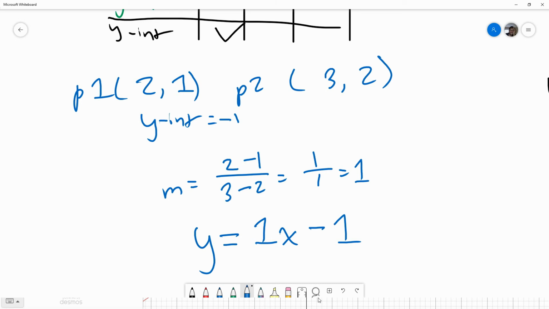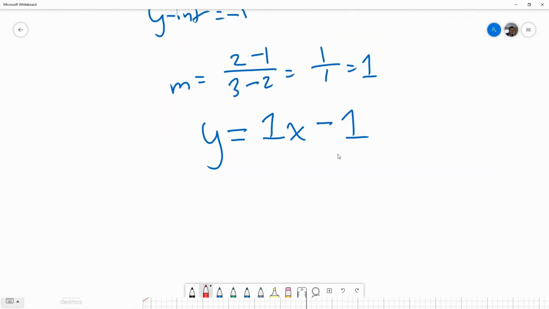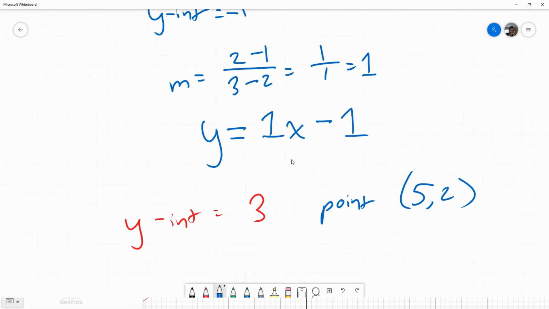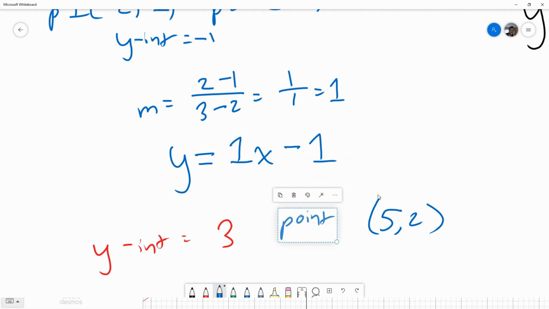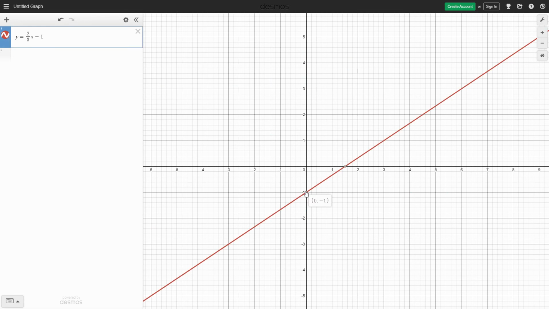Now, if they tell you your y-intercept and 1 point, so for example, y-intercept equals 3, and my point will be, I don't know, (5, 2), you can find out your entire equation from those 2 pieces of information, if you remember that my y-intercept is when the x is 0.